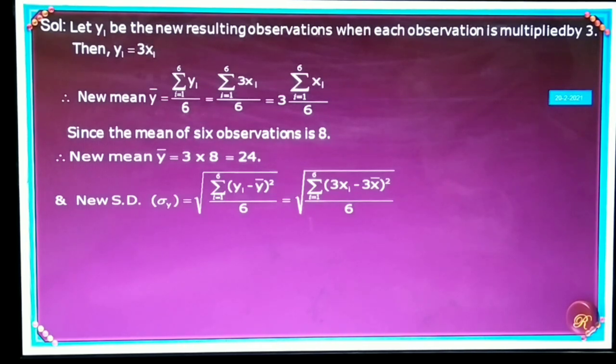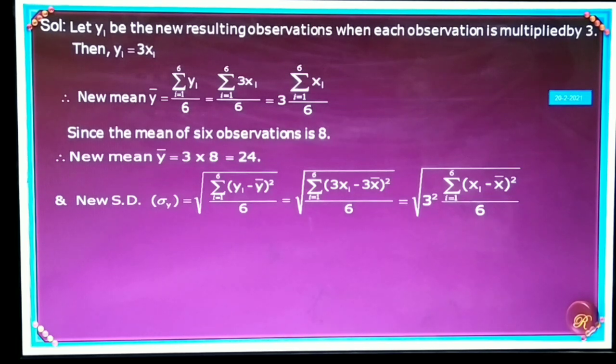When you take 3 out of that bracket, that is 3 square, is equal to square root of 3 square into summation of (xi minus x bar) whole square divided by 6, is equal to 3 into square root of summation of (xi minus x bar) whole square divided by 6.